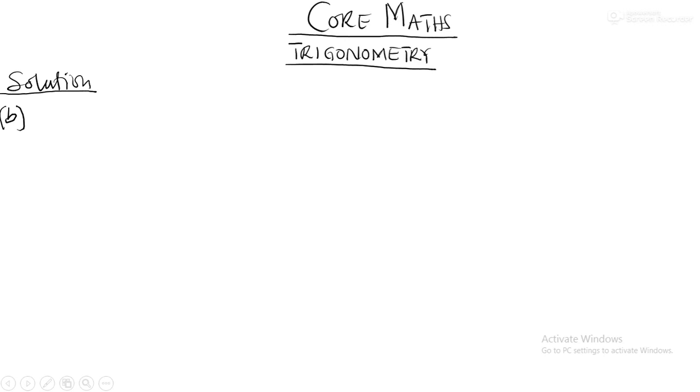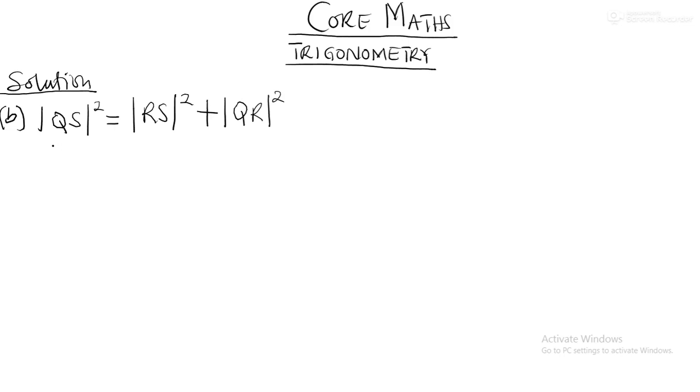So we'll have QS squared is equal to RS squared plus QR squared. So this is the Pythagoras theorem specific to our diagram.